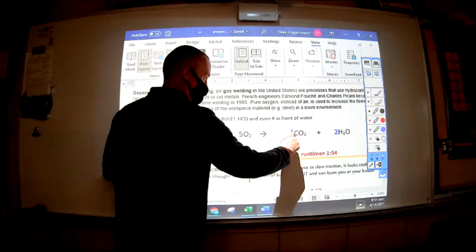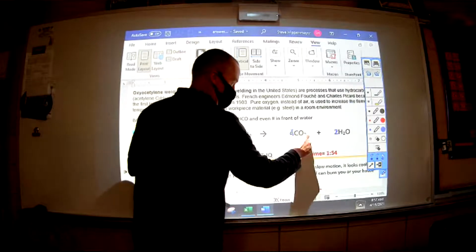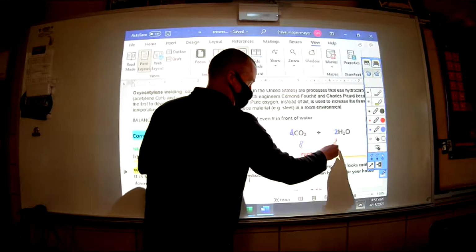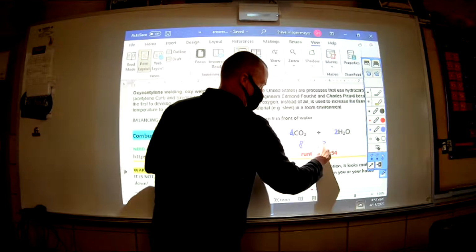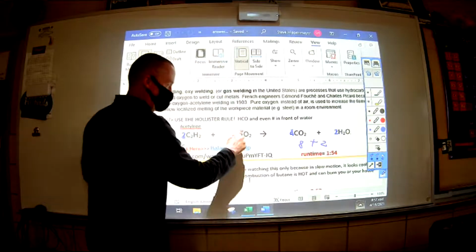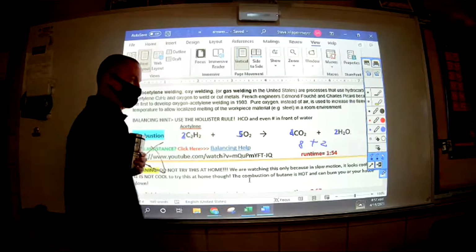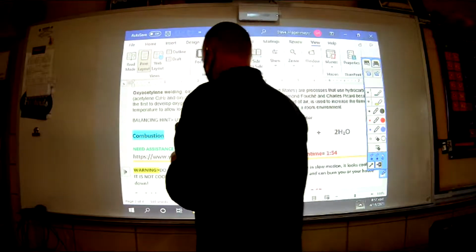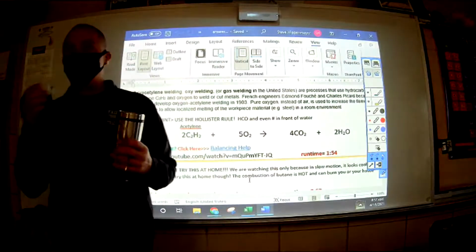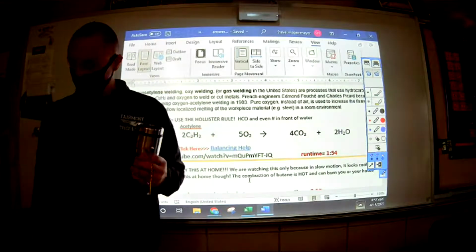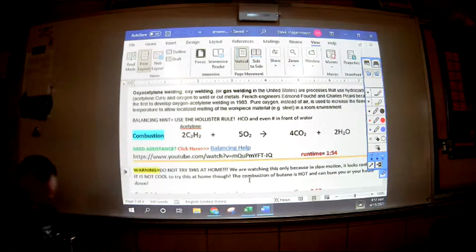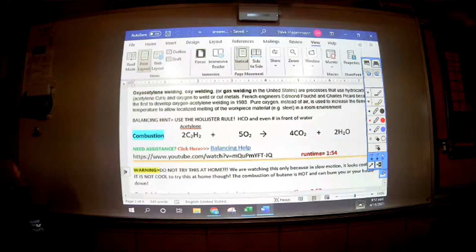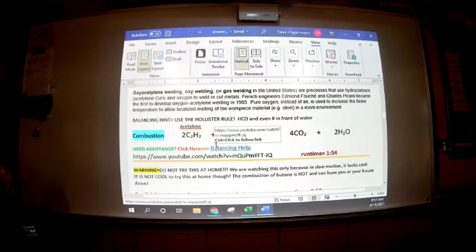We put a 4 there. 4 times 2 for the oxygens gives us 8 oxygens there. 2 times 1 is 2. 8 plus 2 is 10. We need a 5 in front. 5 times 2 is 10. Some of you did balance them, but you didn't really check them because there wasn't an answer key posted. If you really wanted to check to see if you balanced it right, click on the balancing help.